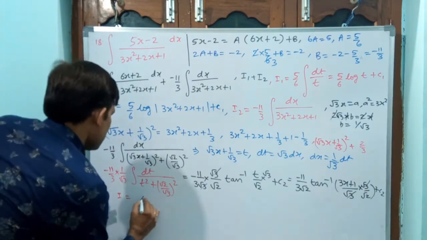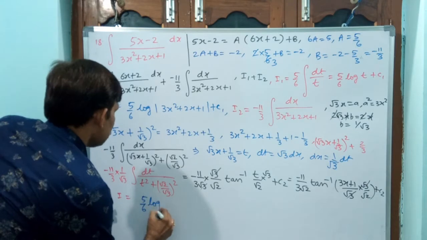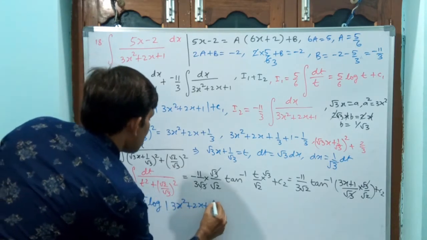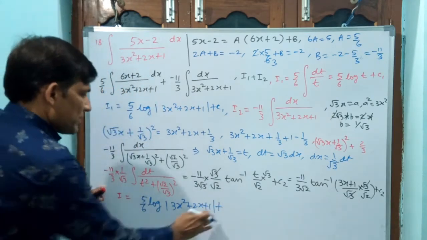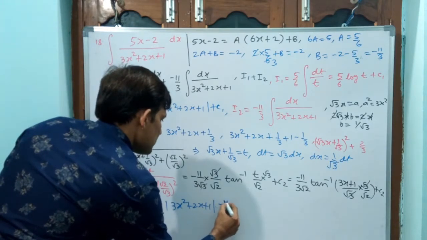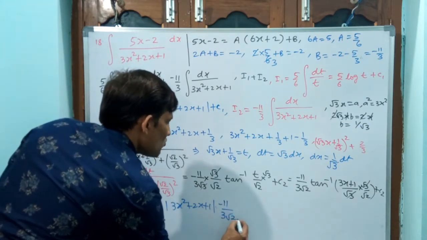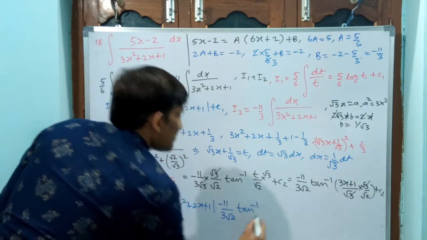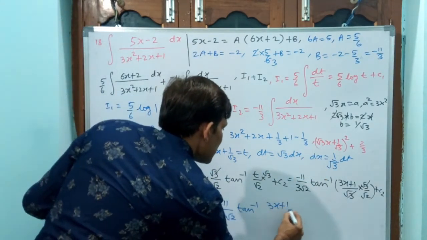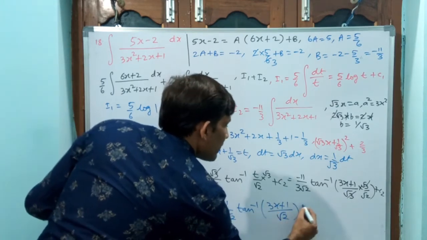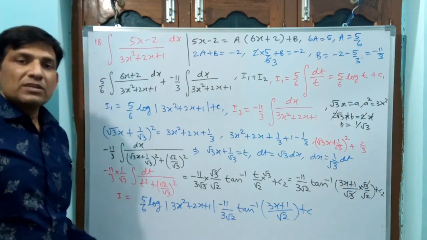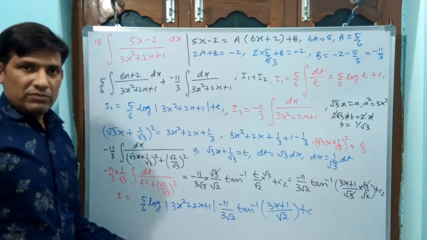I1 is 5 by 6 log modulus 3x square plus 2x plus 1, plus, minus 11 by 3 root 2 tan inverse, 3x plus 1 by root 2, plus c. You understand now? Take this, we will go for 19th question. Okay?